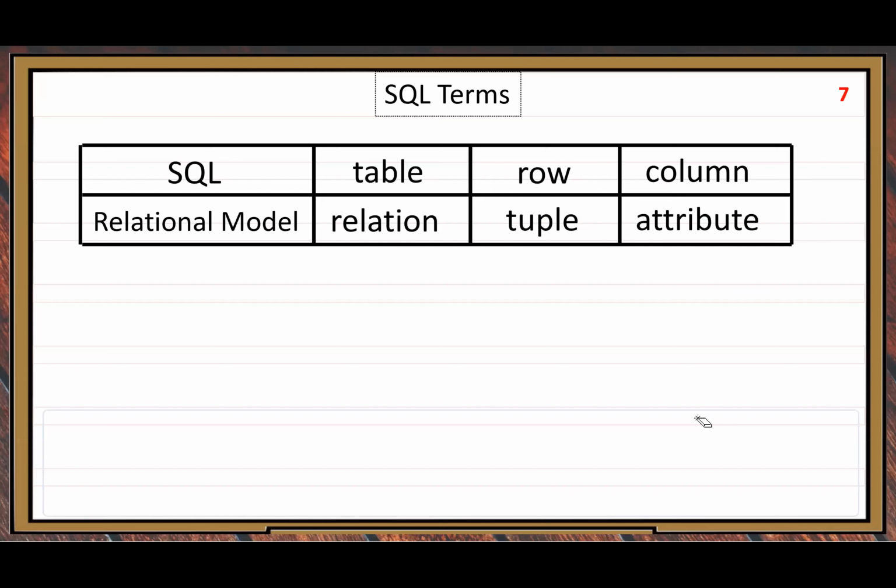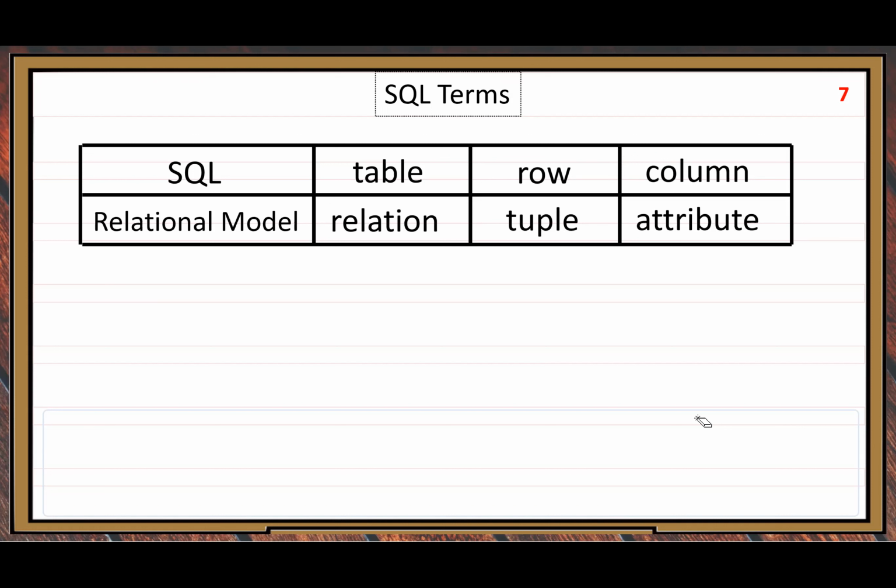That's the typical situation. All right. Then our last slide today, SQL terms. Here is the correspondence. I talk about the academic research language, the research model, and then the industry way.